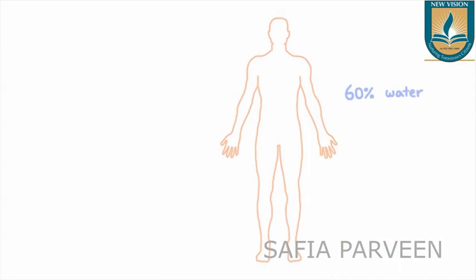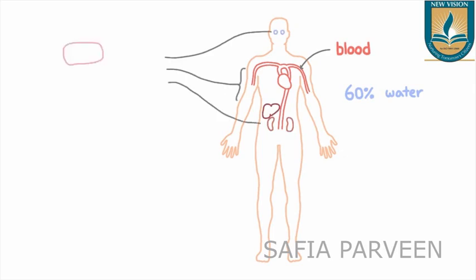What happens if this does not happen? If the lymph does not drain back into the blood, what happens? We know that the blood consists of 60% water, and when blood is distributing nutrients to the entire body in different regions, the water gets accumulated between the cells.